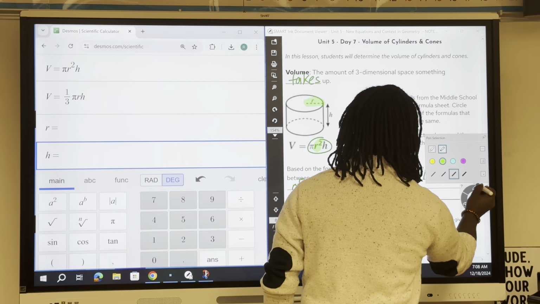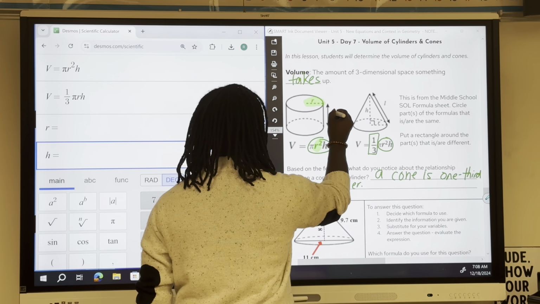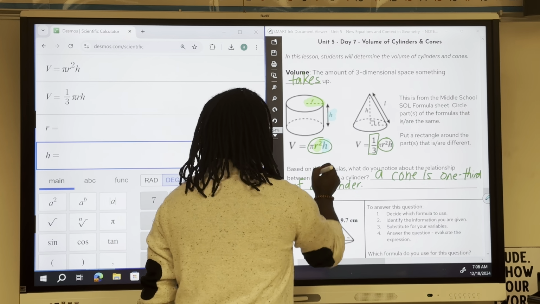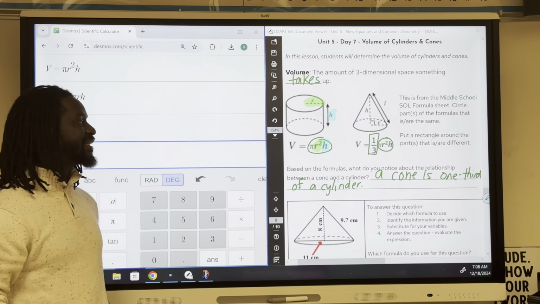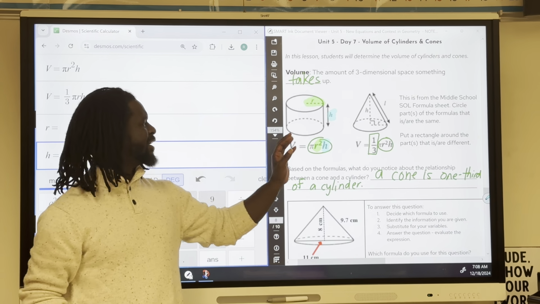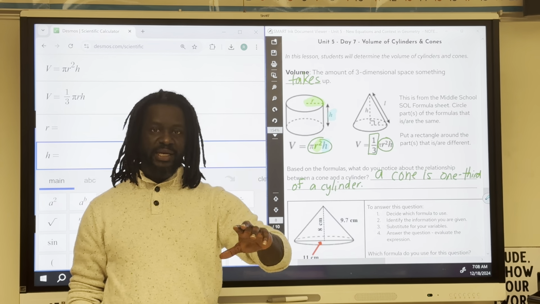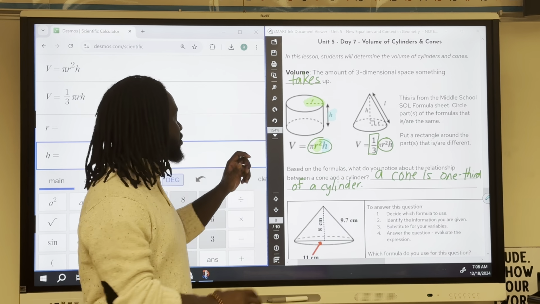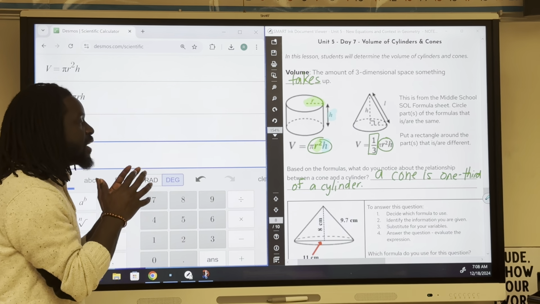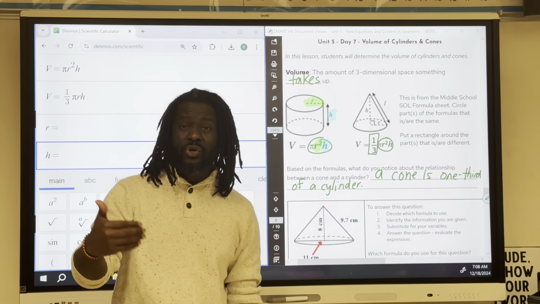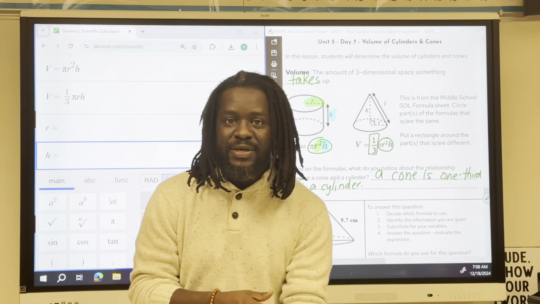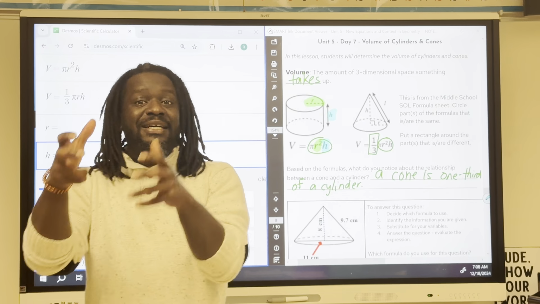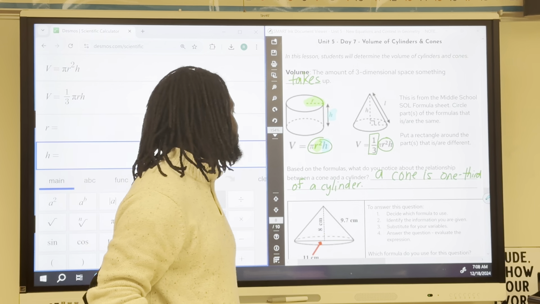Then we've got the height, which is also labeled. I think that's really important. If I were you, maybe even in your notes right now, just highlight or take a colored pencil and point out the different parts, because all you're going to need to do is take the information and plug it into the formula.